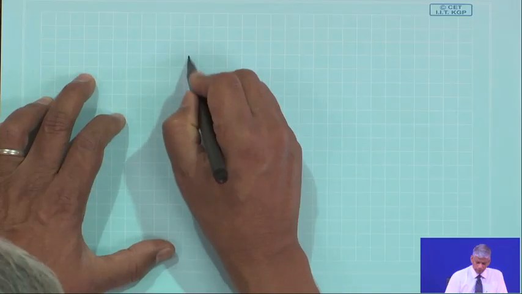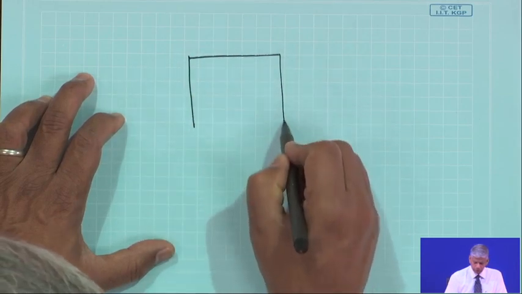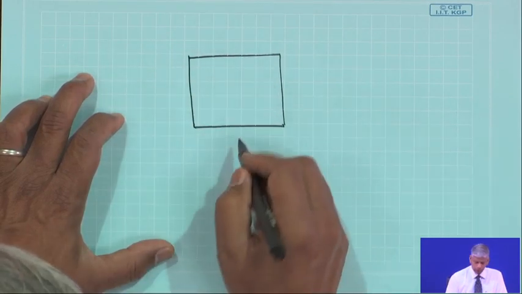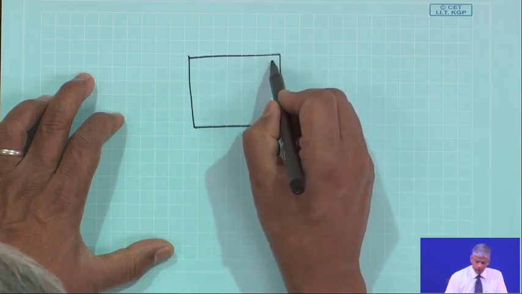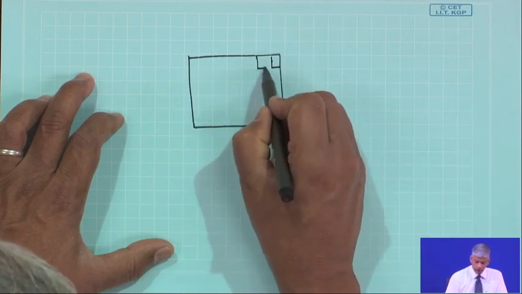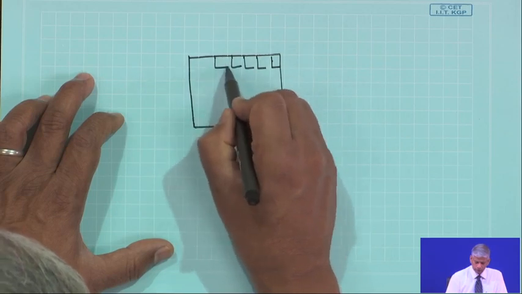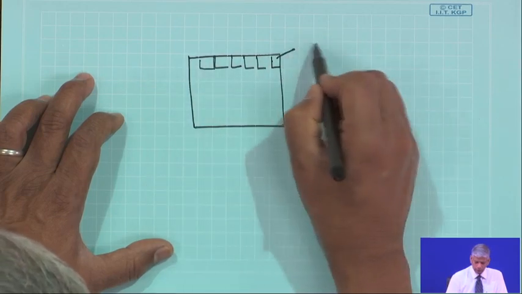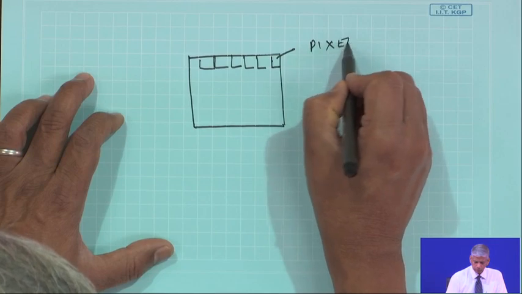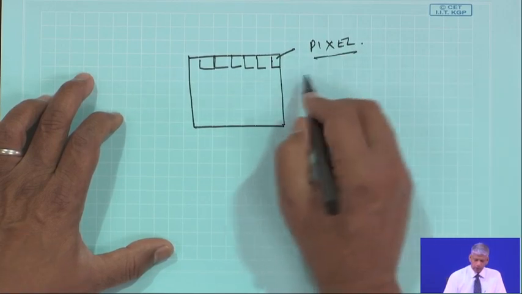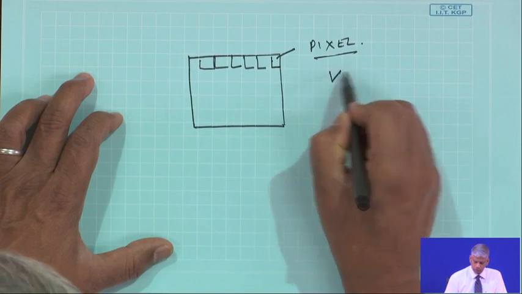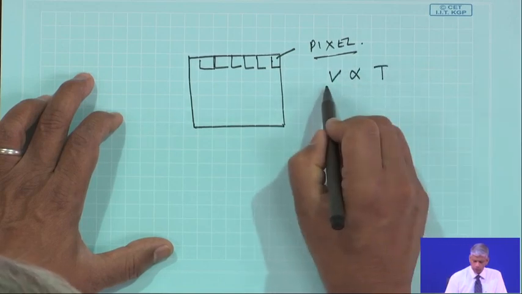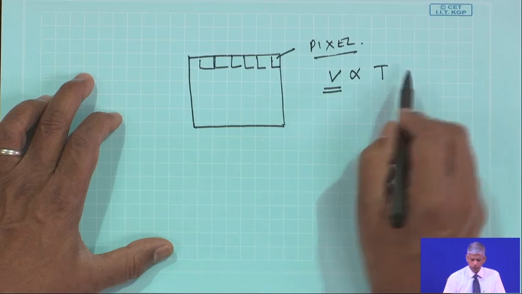So, if I have a screen onto which infrared radiations are focused, pixel by pixel, each pixel will generate a voltage proportional to the temperature of the body, the surface temperature.